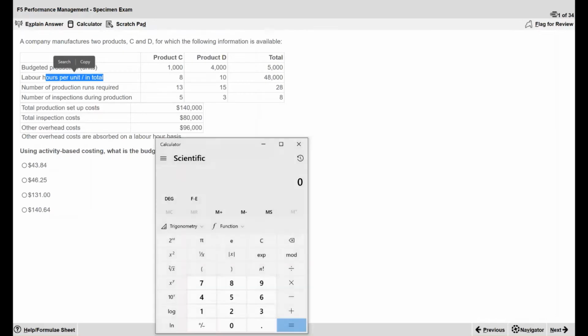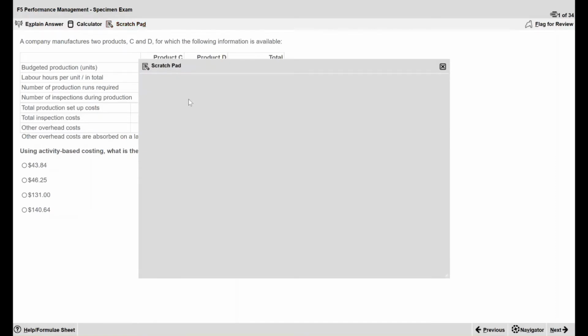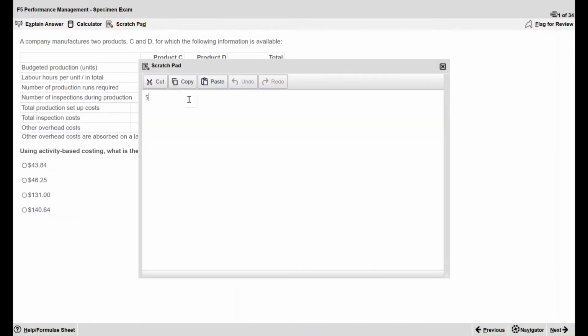We have a total of 140,000 production setup cost divided by 28, which becomes 5,000 cost per production run. So I'm going to note that: 5,000 per run.